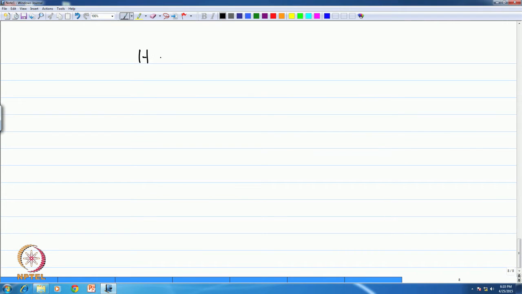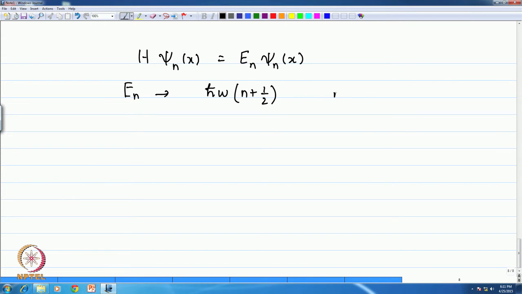H psi n of x is equal to E n psi n of x, and the formula for E n turns out to be, when you solve the Schrodinger equation, E n is h bar omega times n plus a half, and n is the quantum number which can take values 0, 1, 2 to infinity. n is the oscillator quantum number.